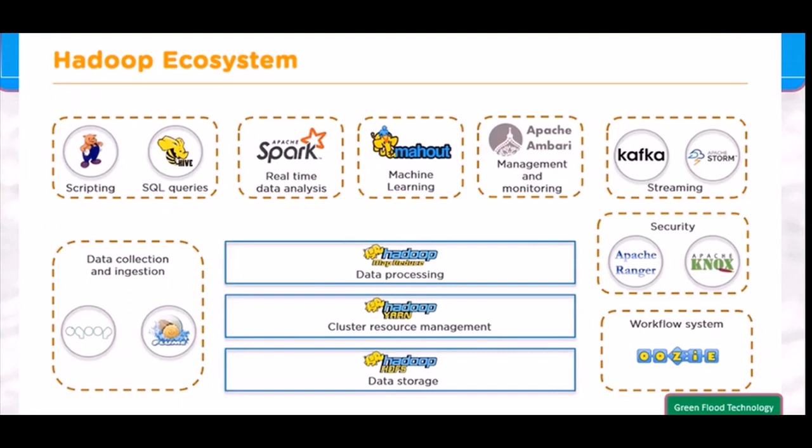Well, last time we saw the core components of the Hadoop ecosystem: HDFS, YARN, and MapReduce. Now we will see the Hadoop ecosystem components especially used for data collection and ingestion.